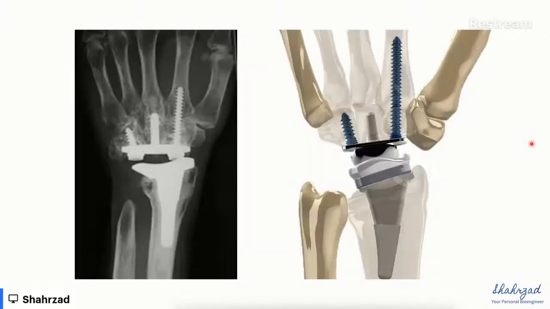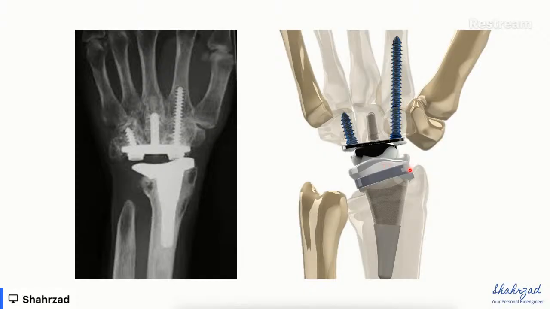Next we have wrist replacement. We have radius down here, and we have some of your carpal bones down in your wrist area. So these two, although they look similar, these two systems, but they're different.